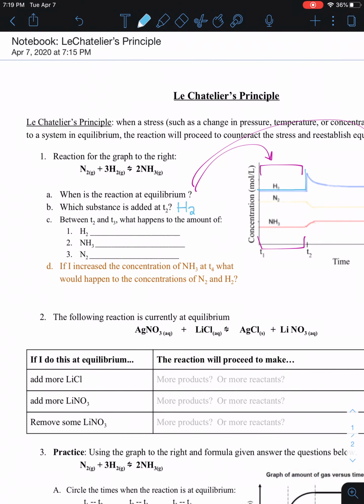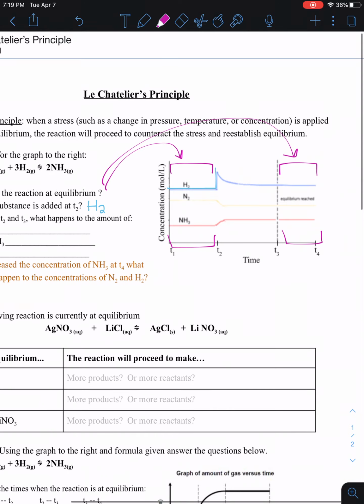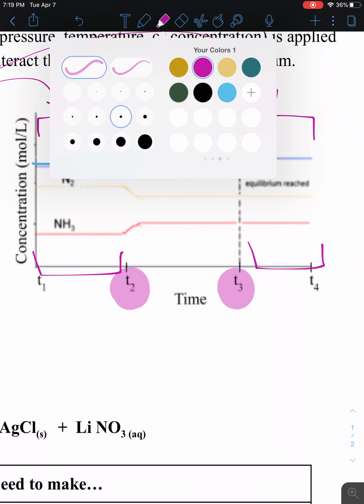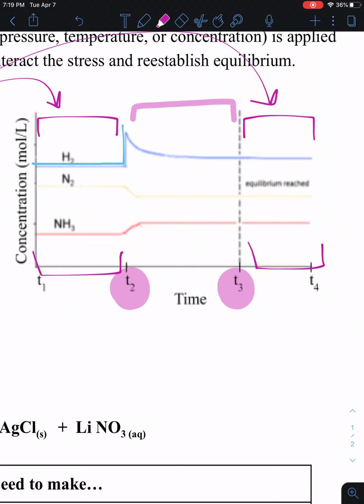Now, from time 2 to time 3, letter C, what happens to the amount of each thing? We'll just zoom in between time 2 and time 3, looking just in this window at what's happening to the substances. We can see that the blue goes down, yellow goes down, red goes up.